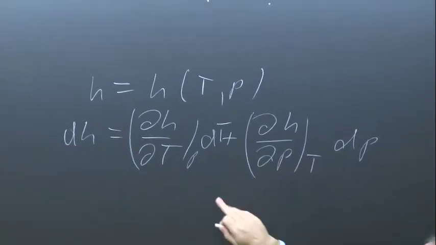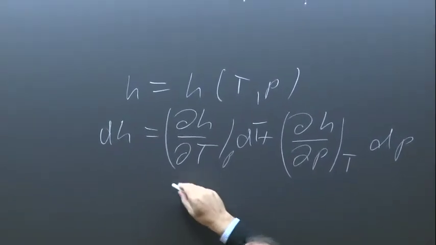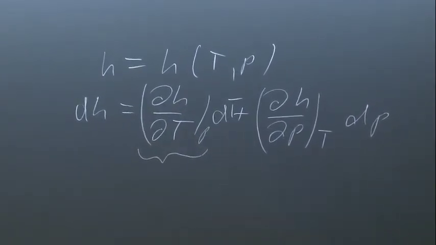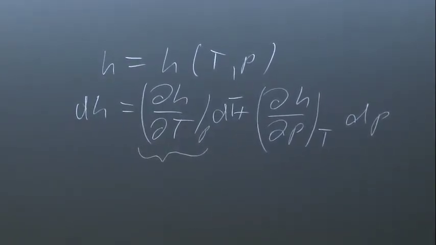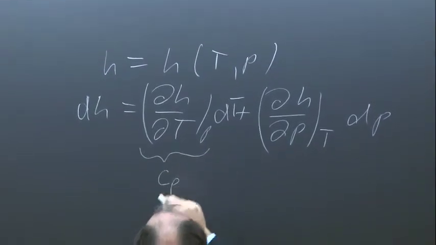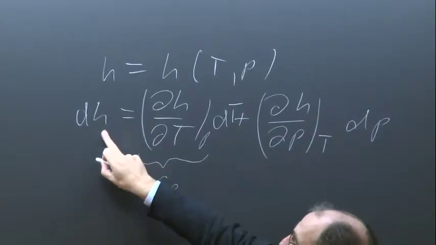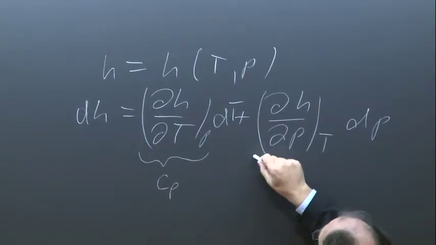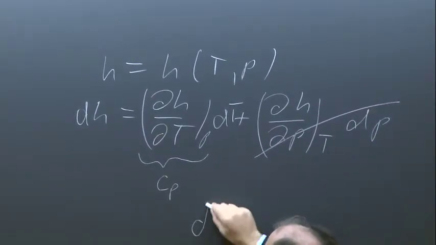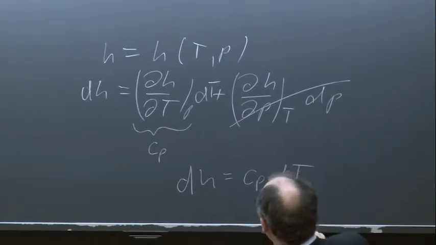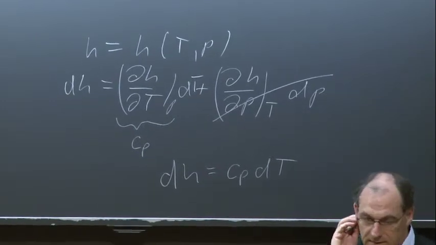Now this here is what we call dH/dT at constant pressure. We call this what? Cp. Everyone knows this. Good. So for an ideal gas, the pressure dependence is 0, so dH is equal to Cp dT.